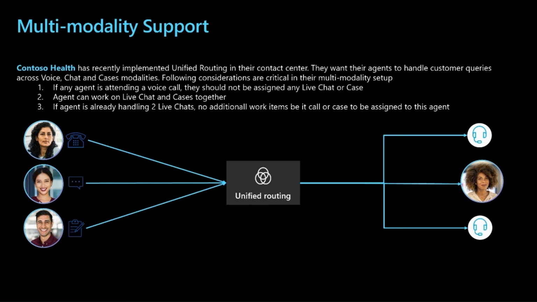Hence, they have implemented unified routing in their contact center, which supports multi-modality setup. Unified routing helps them ensure that no agent gets assigned a chat or email when he is engaged in a voice call, but can work on chat and email together. This is ensured through capacity profiles and assignment blocking configurations we saw in the User Management Hub.